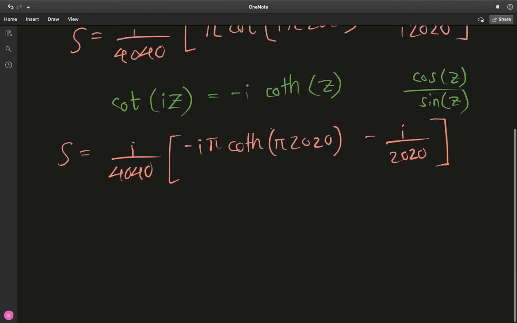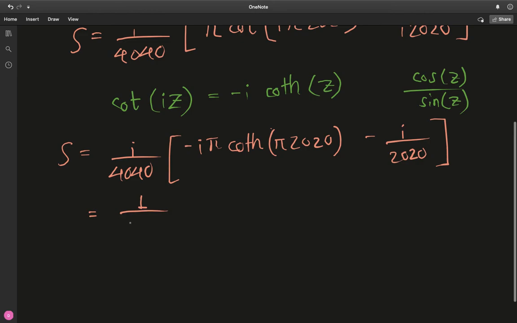And the great thing is, when you take the negative i and factorize that out of the sum of these two terms, you have i times negative i, which will be minus of minus 1 because i squared is minus 1, and that will be a positive 1.